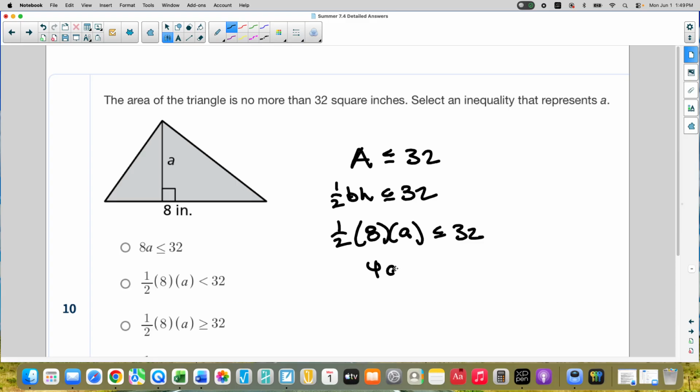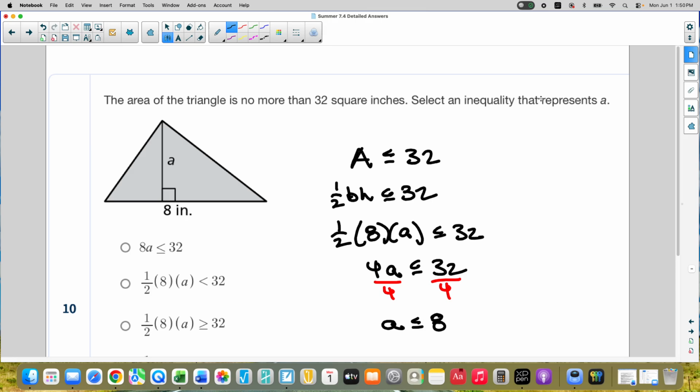This makes 4A is less than or equal to 32. What's happening to my variable? It's being multiplied by 4. The inverse is dividing by 4. So my A, now that's bad that they use A for height because we have big A for area. That's kind of silly. So my height must be less than or equal to 8.